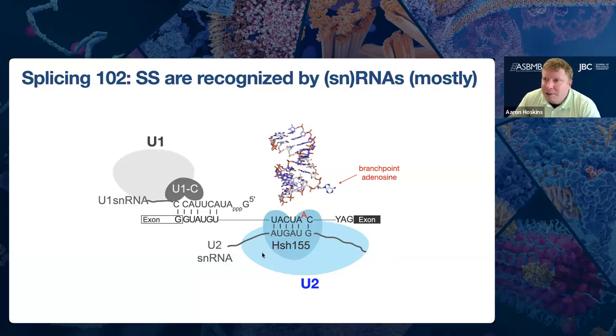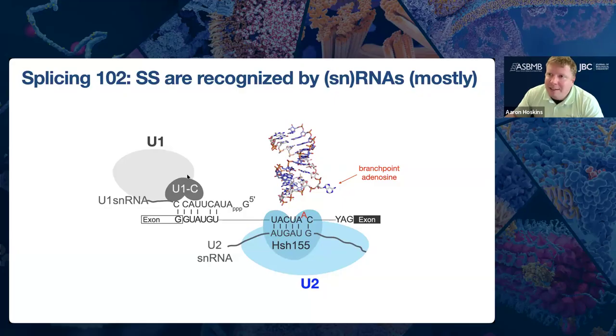Splice sites, those sites in the intron that I mentioned, are recognized by RNA, mostly the snRNAs, although not exclusively. To give you an example of how this occurs, we can look at the 5' splice site and branch site. The 5' splice site is recognized initially during assembly by the very 5' end of the U1 snRNA.